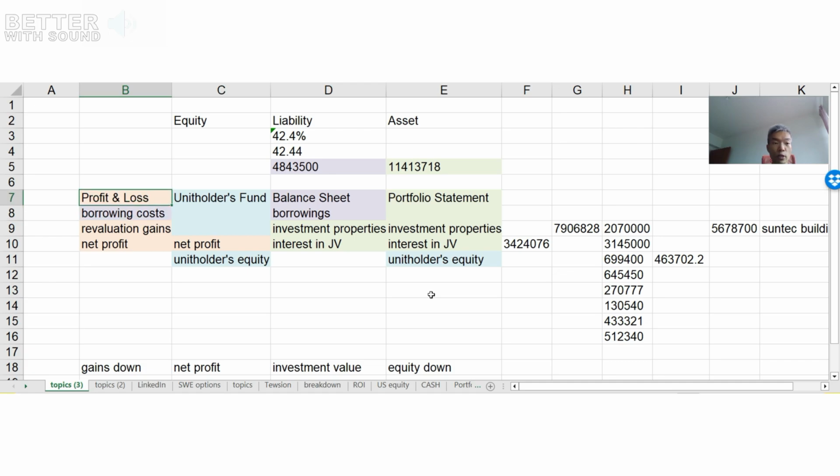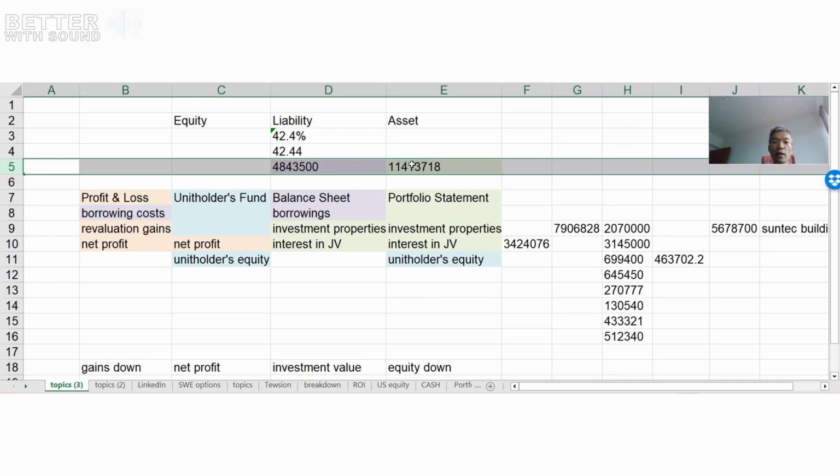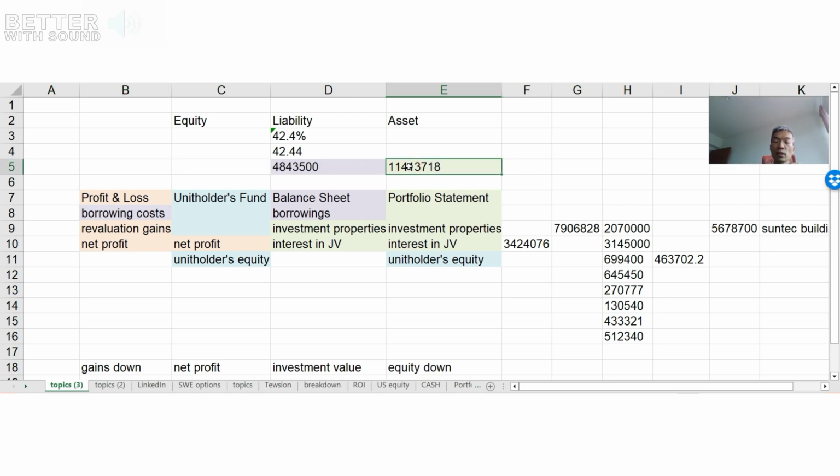What I also need to bring your attention to next is at row 5, where we're figuring out how this will translate to the regulatory borrowing limits set on REITs. For Suntec, their average leverage ratio is based on the amount of borrowings versus the assets that they have, in particular the investment properties and the interest in joint venture.